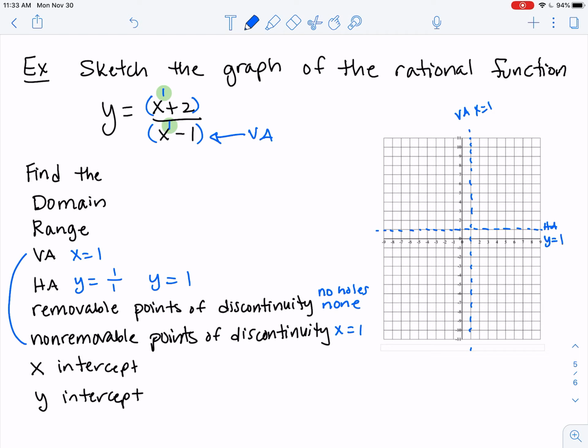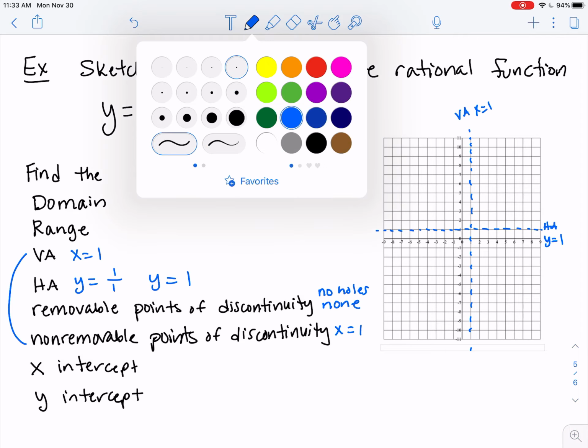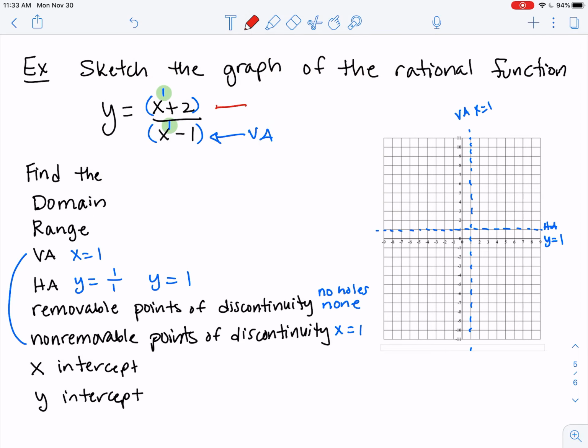All right, let's get some intercepts here. The interesting thing is that the x-intercepts are the zeros of the numerator. So that's going to be x equals negative 2. In other words, negative 2, 0 is an x-intercept. Okay.